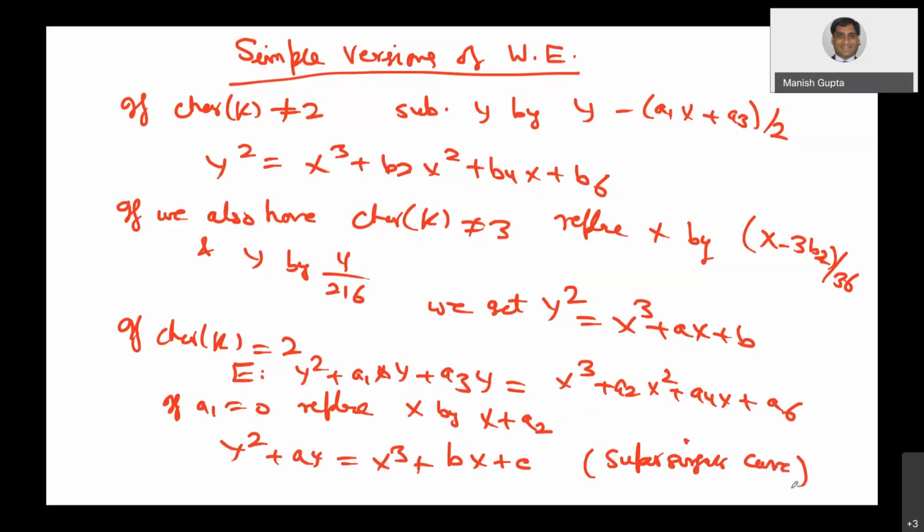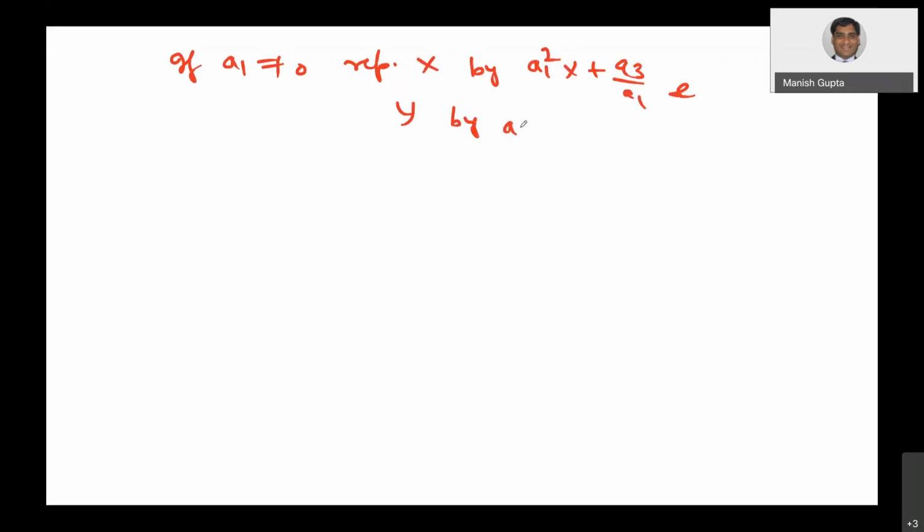And if a1 is not equal to 0, then we replace x by a1 square x plus a3 by a1, and y by a1 cube y plus (a1 square a4 plus a3 square) divided by a1 cube.